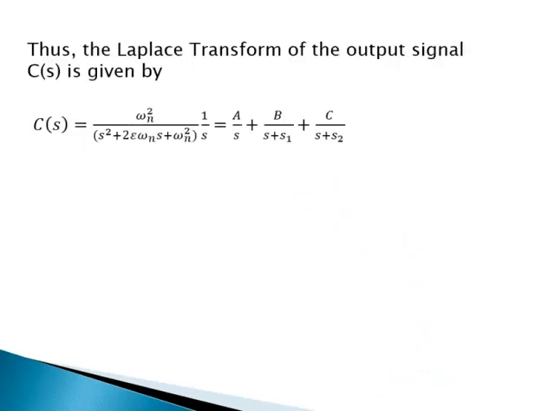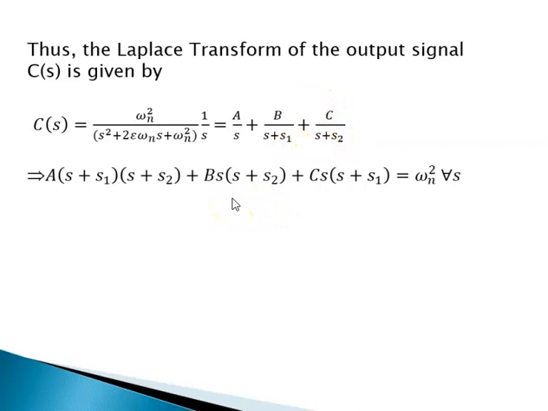With this we can write the Laplace transform of output, this whole expression multiplied by 1 over s, and we can split it into partial fractions as given here, A over s plus B over s plus s1 plus C over s plus s2. The math may get slightly messier from here onwards, but that's okay.